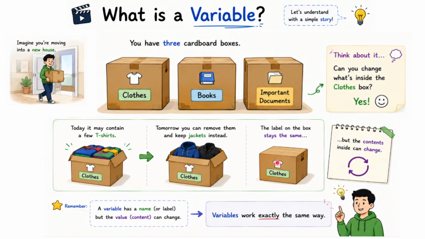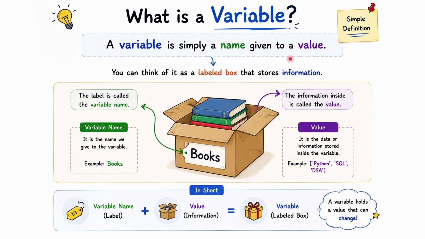The label on the box stays the same, but the content inside it changes. Variables work exactly the same. Given a value, you can think of it as a labeled box that stores the information. This label is called the variable and the information inside is called the value.